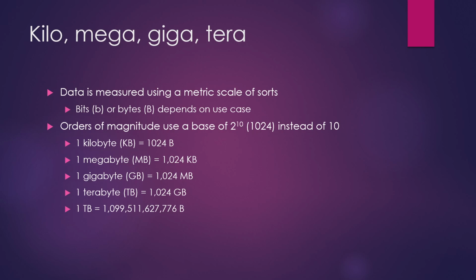And if we multiply all of these together, we get that 1 terabyte is equal to 1,099,511,627,776 total bytes. Now, think about how much stuff is stored on your computer's main drive, whether it be a hard drive, solid state, M.2, whatever.